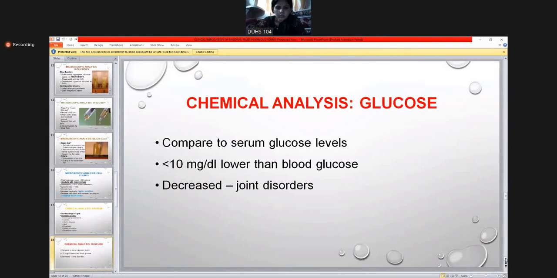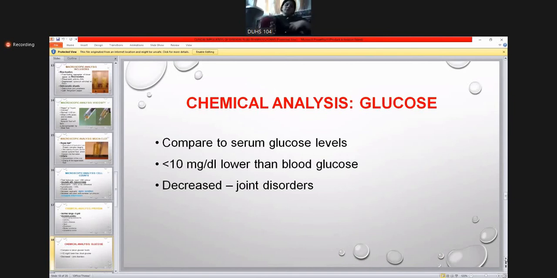Okay, now come to the glucose. Simultaneously we take the blood also. When we check the glucose level in the synovial fluid, we should take the blood as well, because we have to compare it with the blood serum glucose level. The synovial glucose level is less than 10 milligrams per deciliter lower than the blood glucose level, and it decreases in joint disorders.